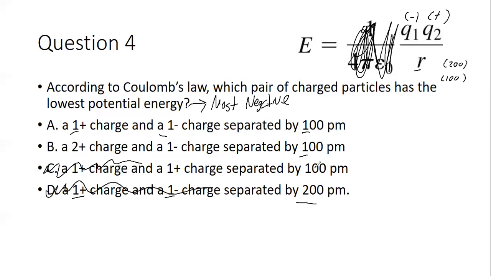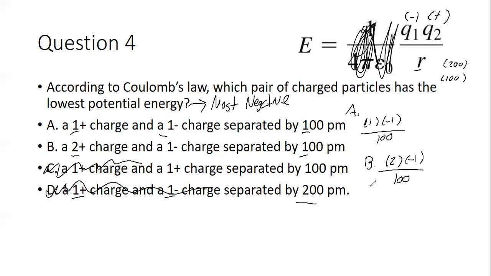A and B are separated by the same distance, but B has a bigger positive charge. So really my math is, if you want to look at the math of it, it's 1 times -1 divided by 100, that's A. B is 2 times -1 divided by 100.